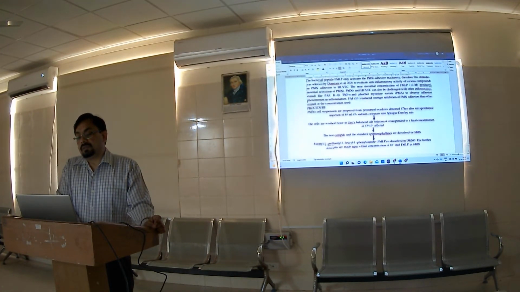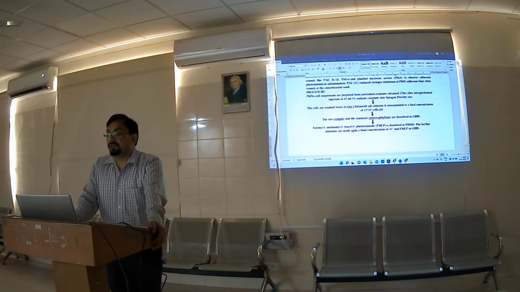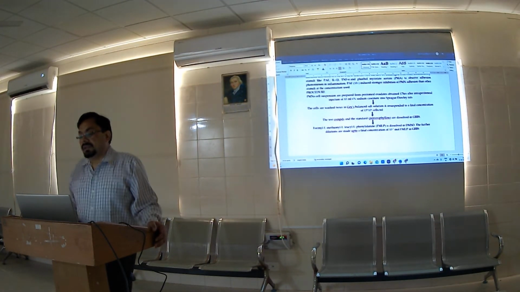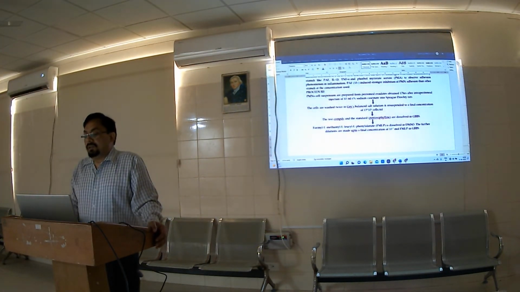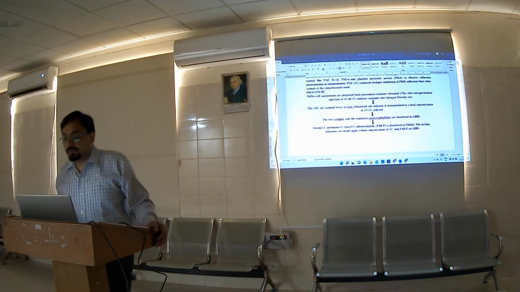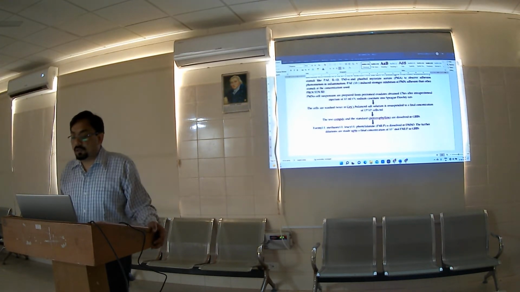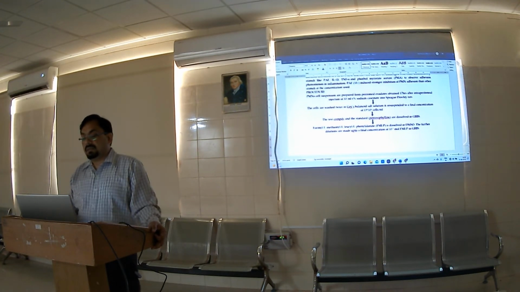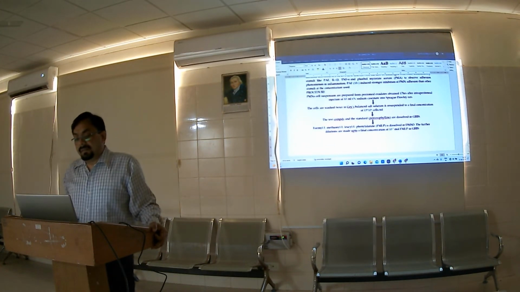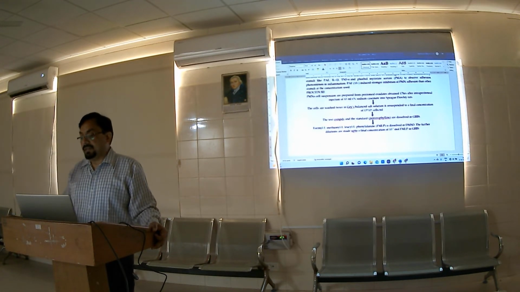So this is the procedure. Polymorphonuclear cell suspensions are prepared from peritoneal exudates obtained 17 hours after intraperitoneal injection of 10 ml 6% sodium caseinate into Sprague-Dawley rats. The cells are washed twice in a Gey's balanced salt solution and resuspended to a final concentration of 10 into 10 to the power 6 cells per ml. The test compounds and the standard are dissolved in GBSS, and FMLP is dissolved in DMSO.